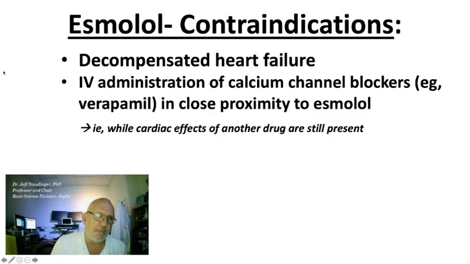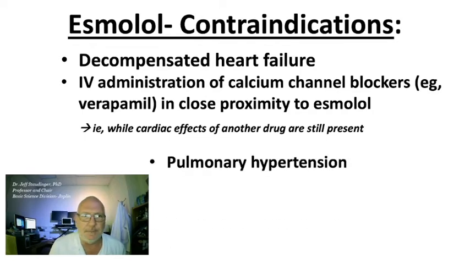Additional contraindications include decompensated heart failure, IV administration of calcium channel blockers, for example, verapamil, in close proximity to the administration of Esmolol, or any other drug that has cardiac effects that are still present.